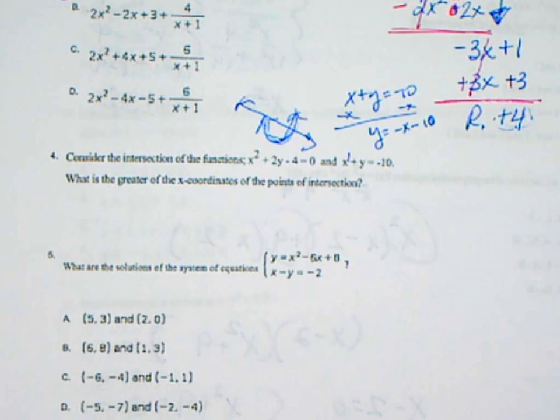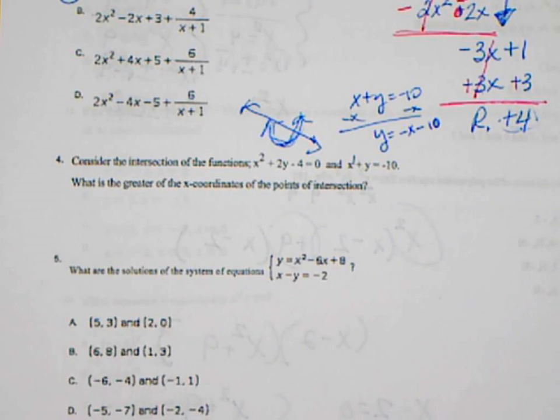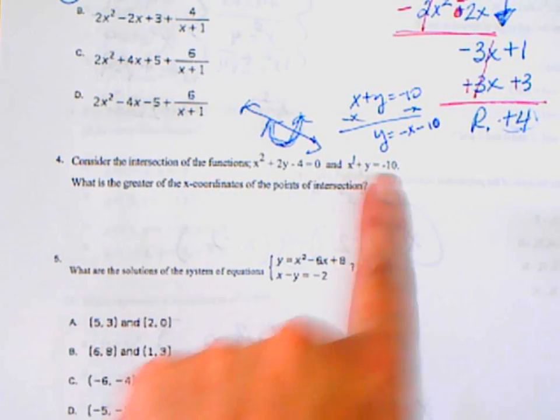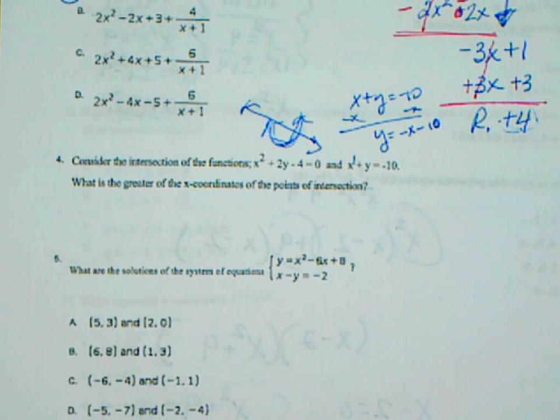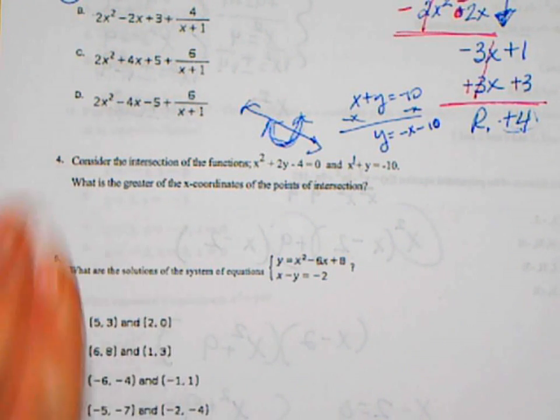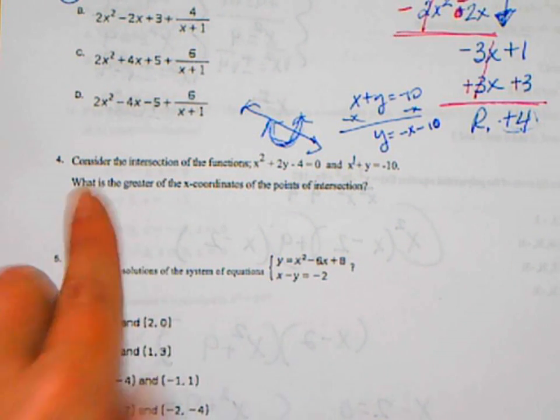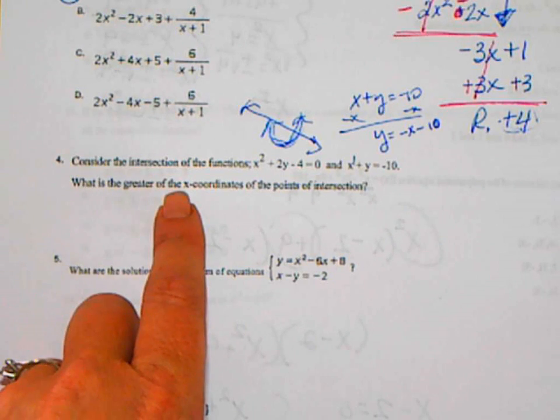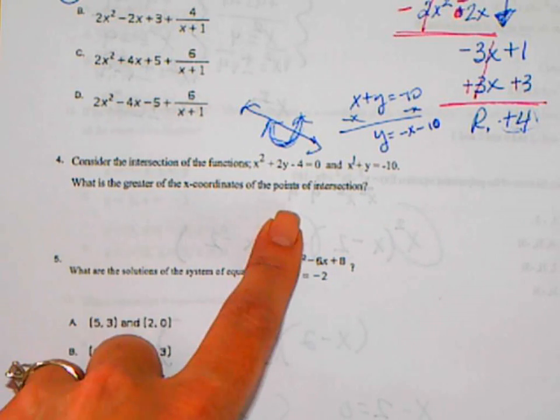Let me pause this. Okay, so in this problem, it says consider the intersections of the functions, so that means where they cross. It's worded kind of weird, okay? What is the greater of the x coordinates of the points of intersection?